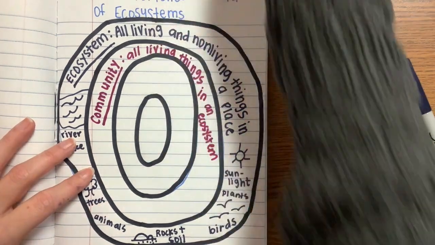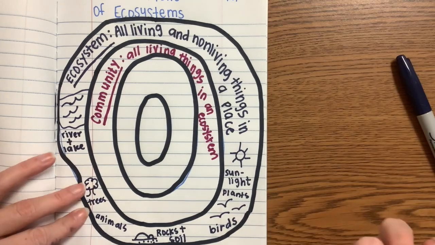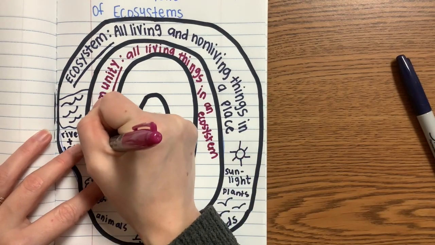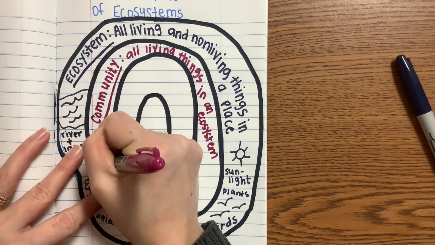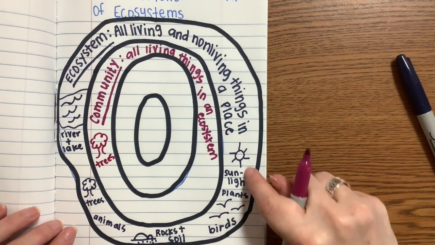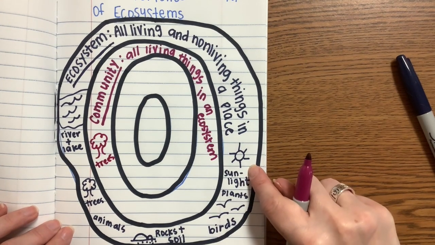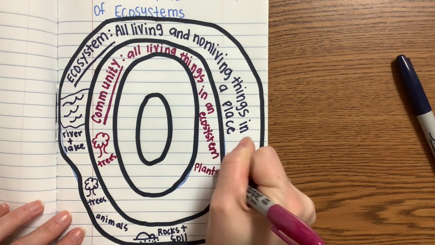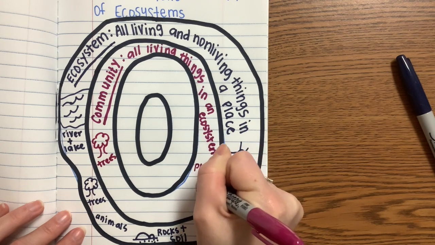Let's draw some examples. Again, these are just the living things. So we can write trees in this one too. Is sunlight living? Nope, can't write that. Plants? Plants are living. I can actually draw this one. I'm going to draw a flower.